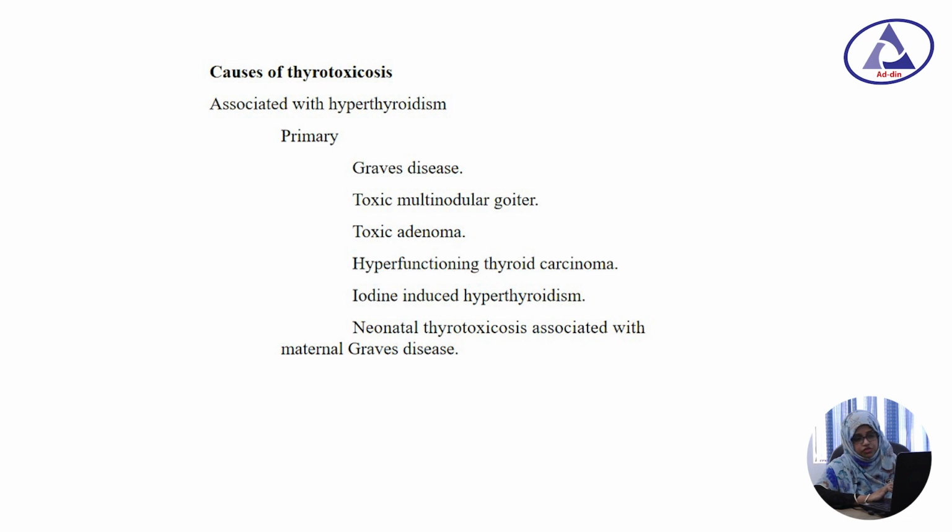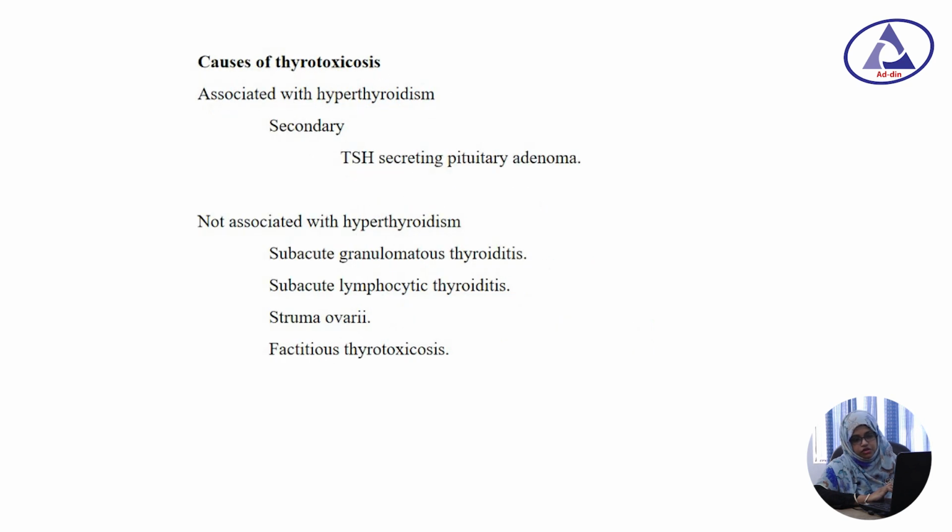What are the causes of thyrotoxicosis? Thyrotoxicosis associated with hyperthyroidism can be classified into primary and secondary groups. The primary group includes Graves' disease, toxic multinodular goiter, toxic adenoma, hyperfunctioning thyroid carcinoma, iodine-induced hyperthyroidism, and neonatal thyrotoxicosis associated with maternal Graves' disease. The secondary causes include thyroid stimulating hormone secreting pituitary adenoma.